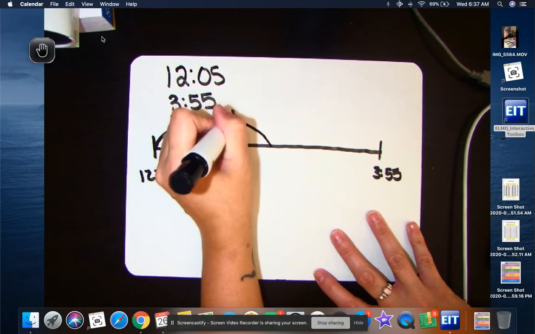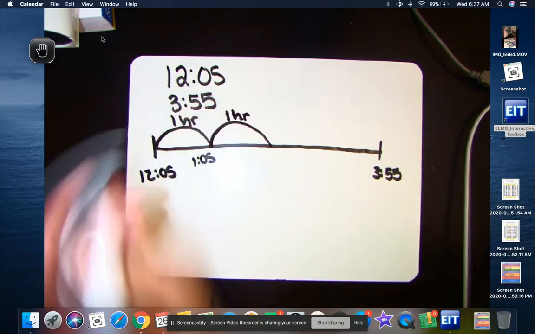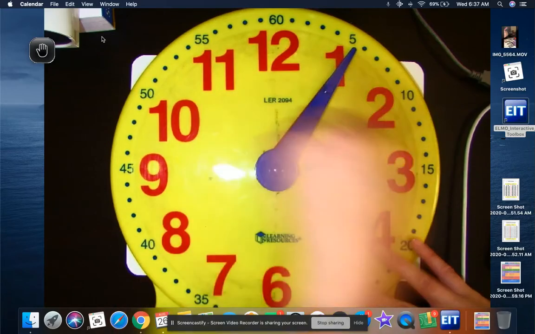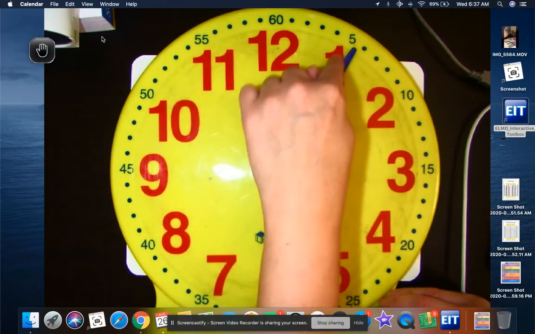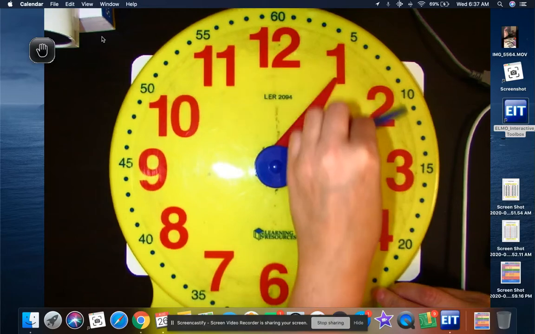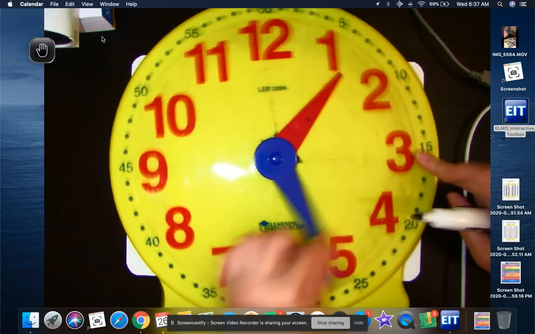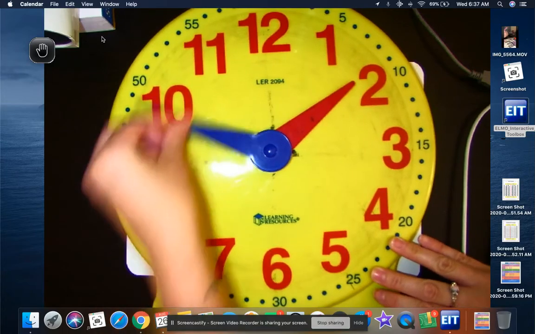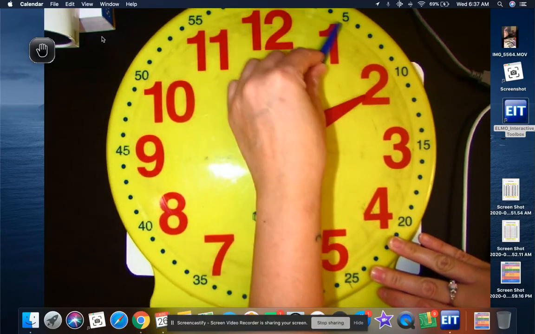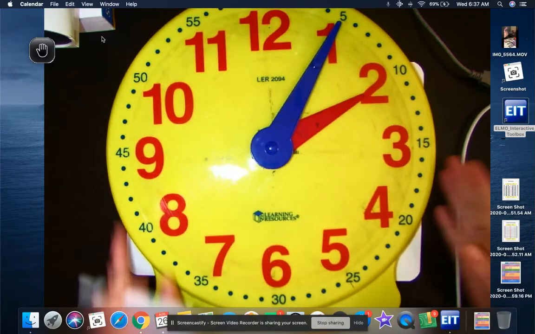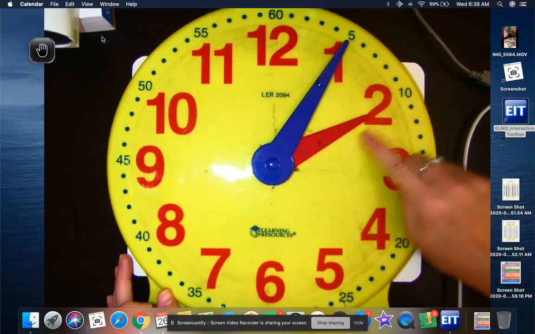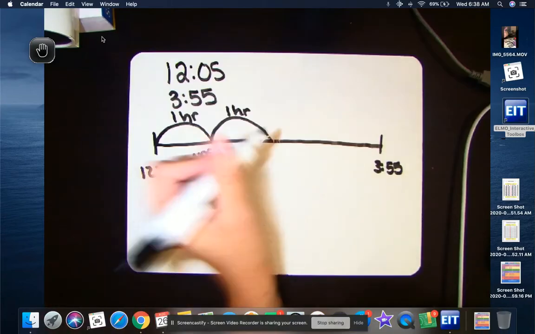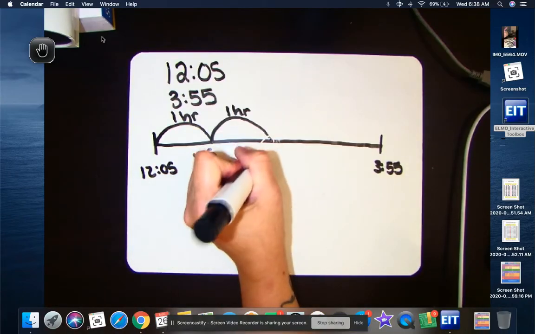Now I still need to get to 3:55, so I'm going to make another jump of another hour. I'm going to go all the way around the clock, 5, 10, 15, 20, 25, 30, 35, 40, 45, 50, 55, 60. That's 1 hour, 60 minutes. So now my time is 2:05, and I can write 2:05 as my next jump.